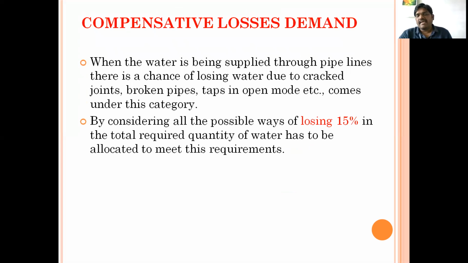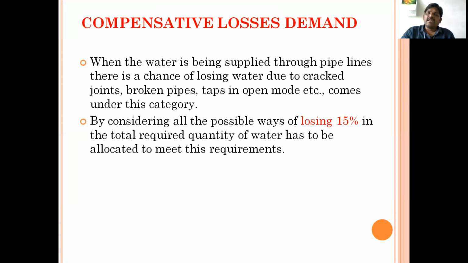This is the public demand, used for cleaning streets, maintaining parks and various other public places. After calculating water for domestic demand, fire demand and industrial demand, obviously when the water is being supplied, there will be a loss of water because of cracked joints, broken pipes, and inadequate monitoring of the pipeline system.